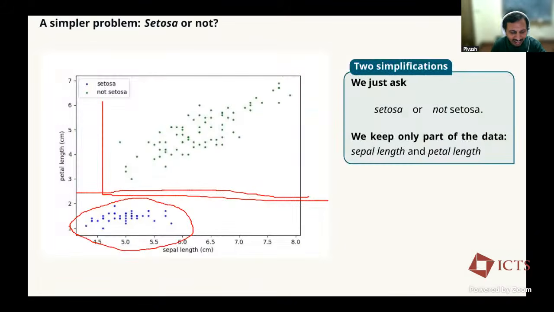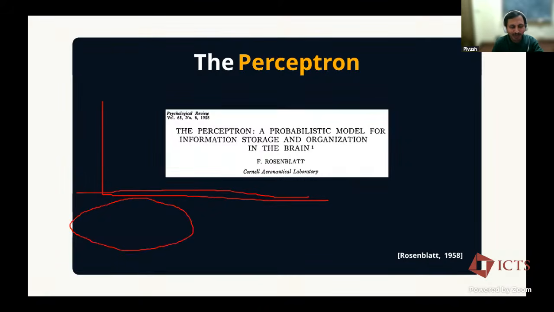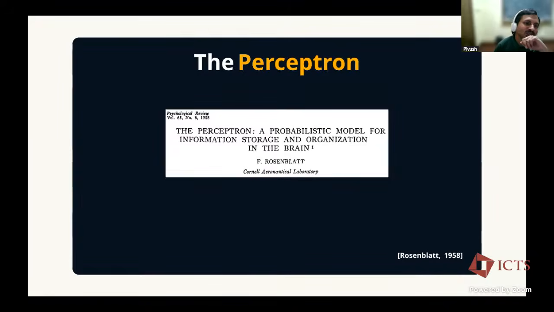This thing has a name. It's called perceptron. The name comes from a paper written by someone who was in the aeronautical laboratory at Cornell University, and who was writing in a psychological review.